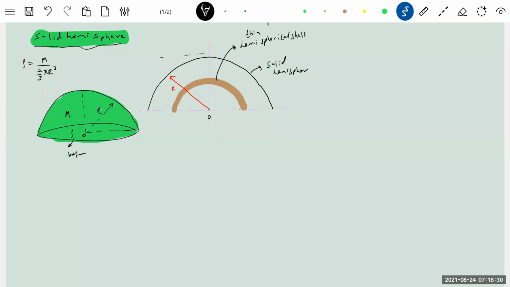You can also choose a disk, but it's very lengthy integration. This is what is advisable: a thin hemispherical shell. So a thin hemispherical shell of radius r. Where will its center of mass be?